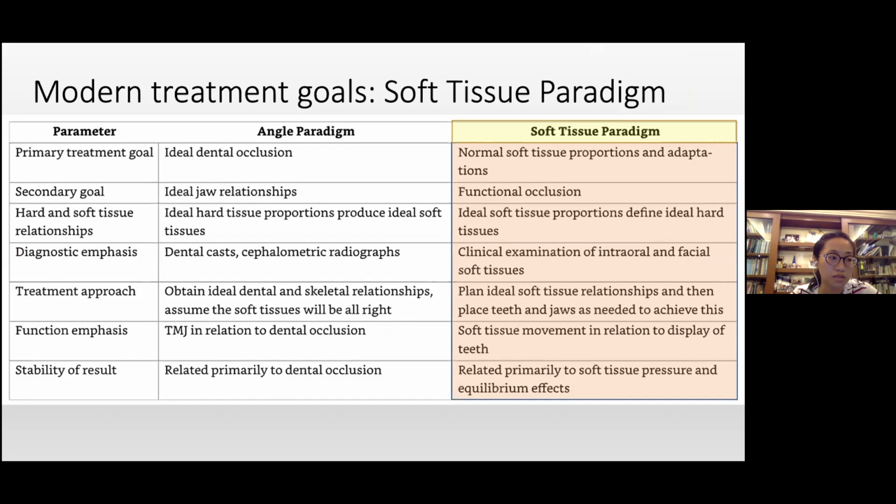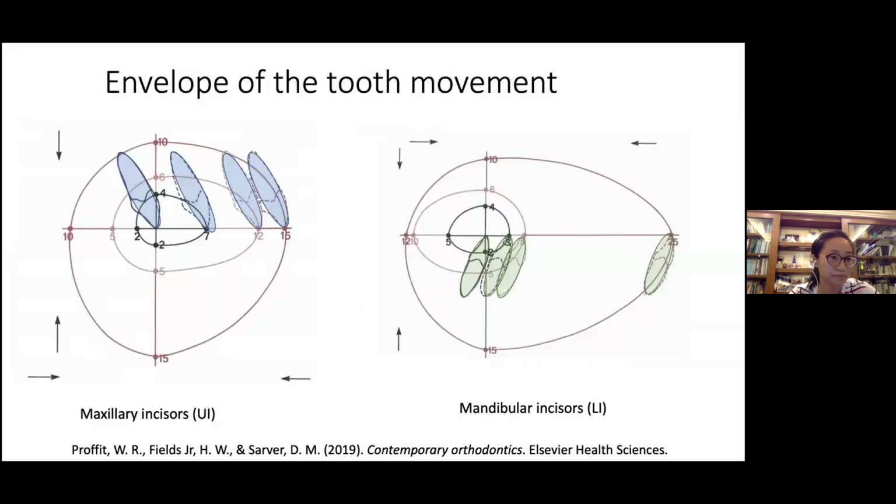This increased the focus on clinical examination rather than only on the dental cast and cephalometric analysis in the radiographs. It means that we should consider the soft tissue of the face first, rather than the cephalometric analysis.